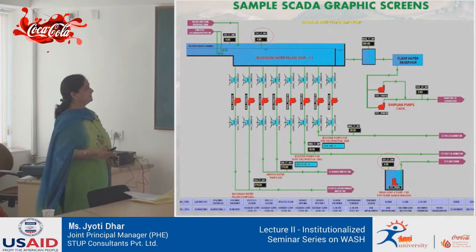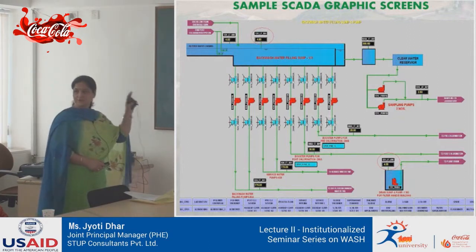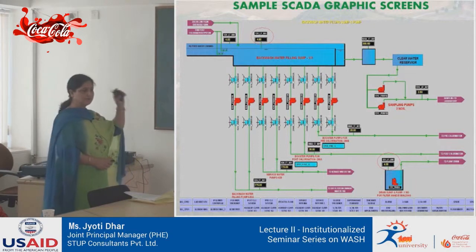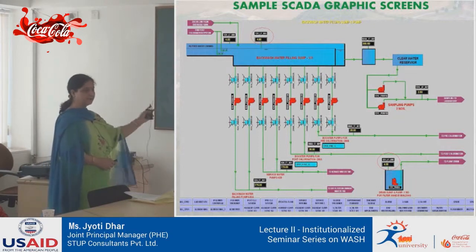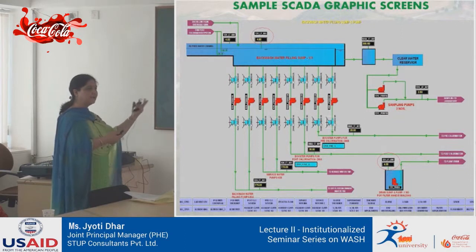Now these are the typical graphic screens wherein you have a physical representation of each pump: running, tripped, when it tripped, what the timing was and why it tripped. You see the normal alarms coming into the system like level high, level low, turbidity high, turbidity low, pH high, pH low.